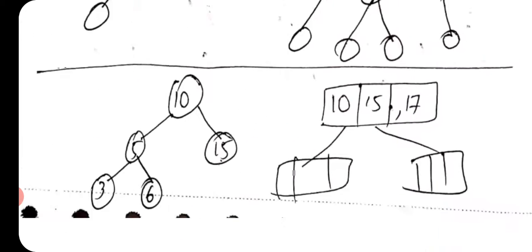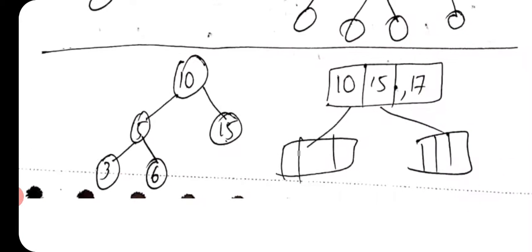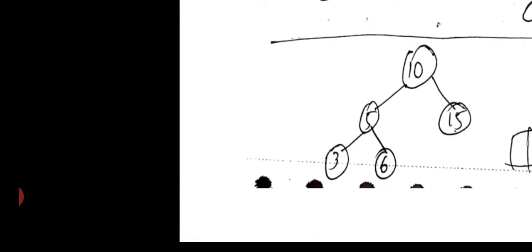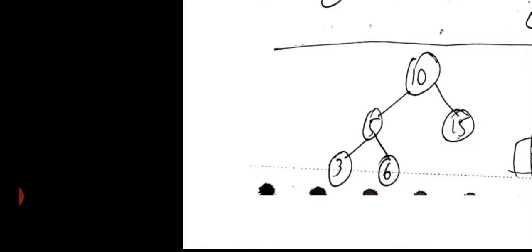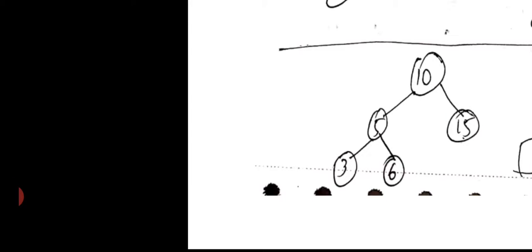And next thing, in the first point, that is the characteristic, as I told, each node has more than one key element. See the difference. So this first one is a BST, that is binary search tree. In this tree it contains a different number of nodes. So in each node it contains only one value.